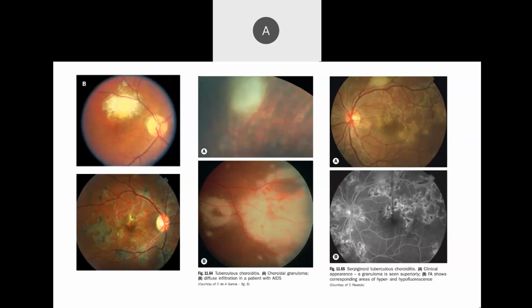Just to highlight, these are all classical images, but sometimes we don't usually see this choroidal tubercle. Usually we will get just a choroiditis, retinitis, vasculitis. Okay, alright. Is there anything in this picture that anyone is not clear about or wants to ask?